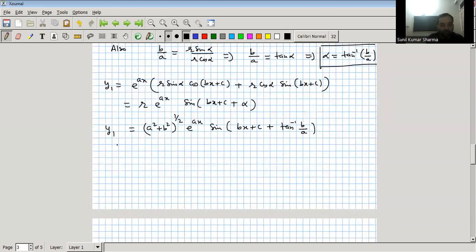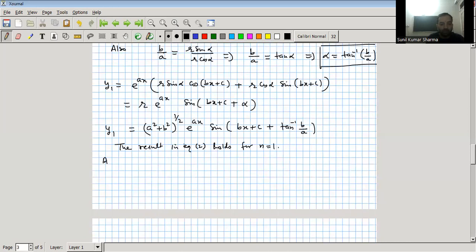It means the result in equation 2 holds for n equal to 1, right? So for n equal to 1, the result is true.